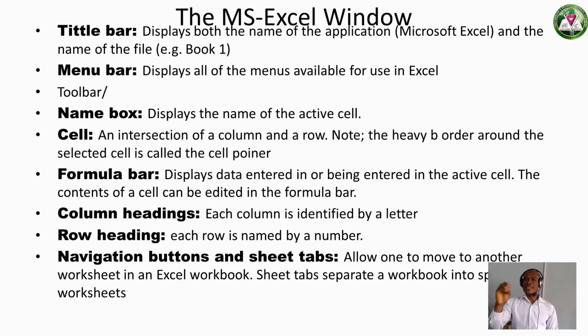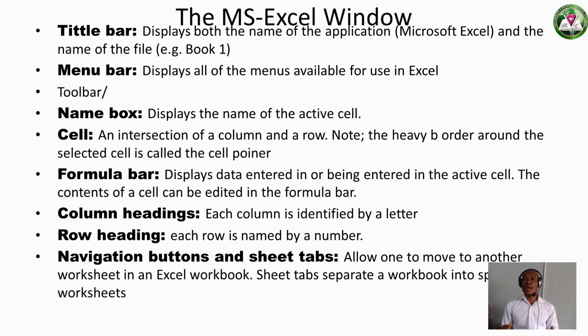Book 1 there is the name of the file, while Microsoft Excel is the name of the application you are working with. If your computer is on, I know you can see that. Book 1, name of the file, because each time you open Microsoft Excel window, the book automatically opens. Now, Book 1, Microsoft Excel. That is what you see on the title bar.